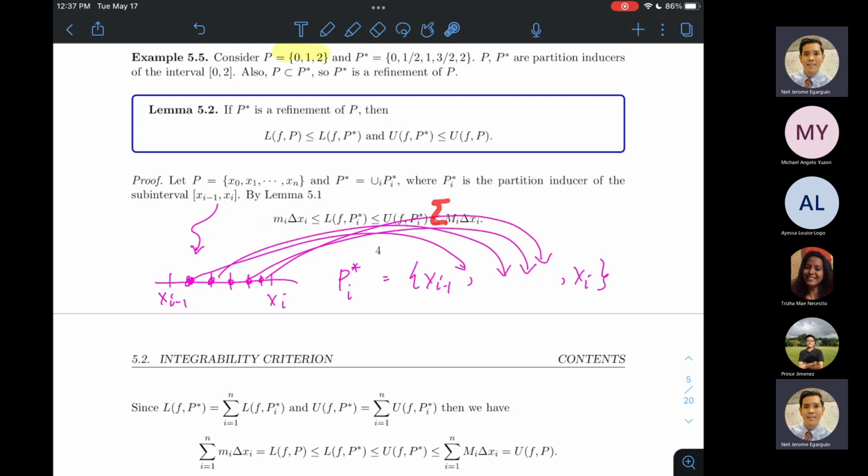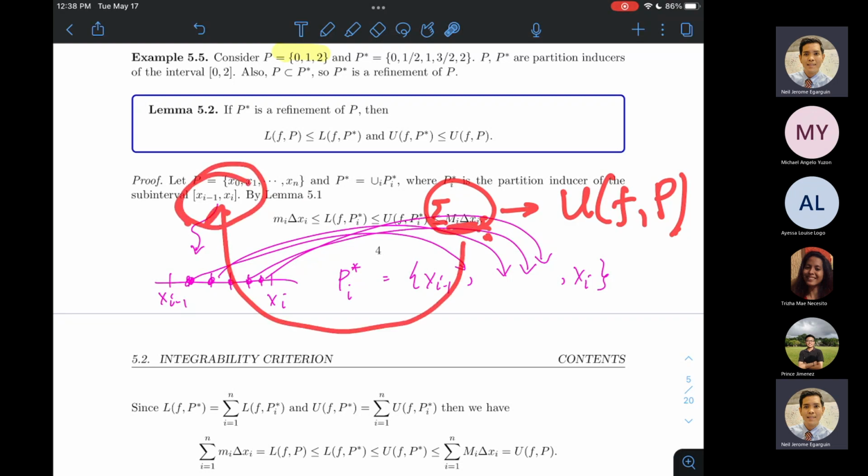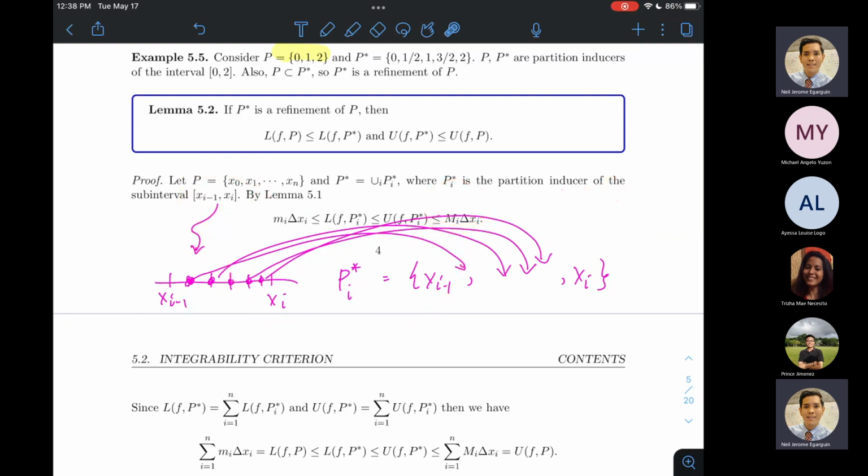Pag kinuha ko yung summation ng mga big M sub I, delta X sub I, ito yung magiging upper Riemann sum ni F with respect to the partition inducer P. Kasi dito, bawat isang M sub I ay maximum o supremum ng mga function values dun sa ith subintervals. So by definition, this will just be the lower Riemann sum of F or the upper Riemann sum of F with respect to the partition inducer P.